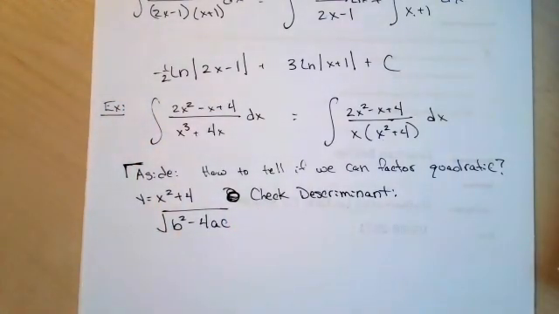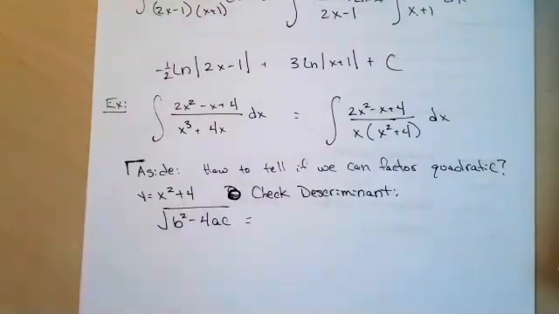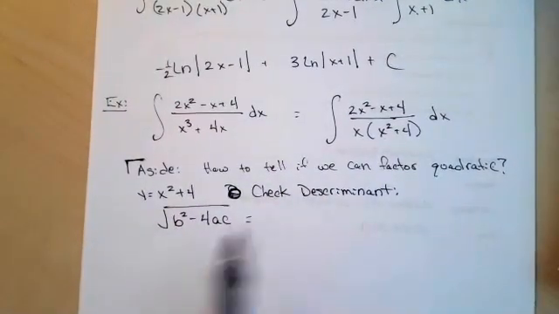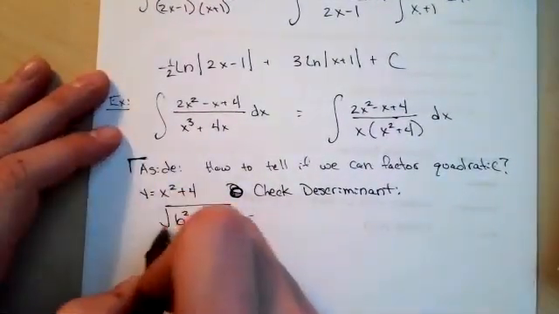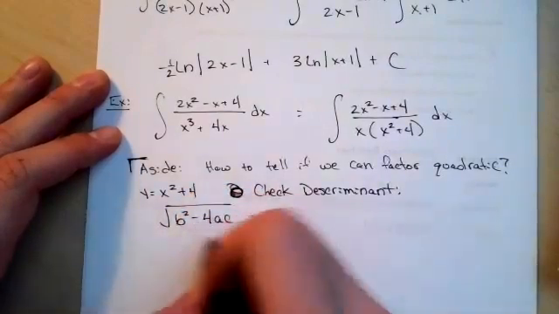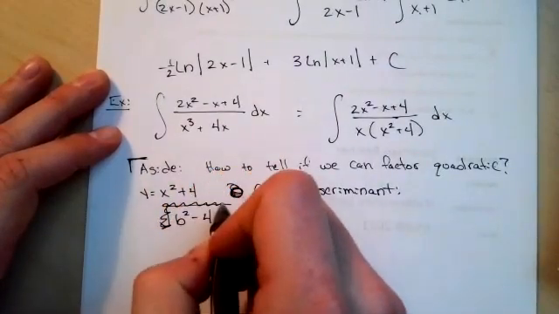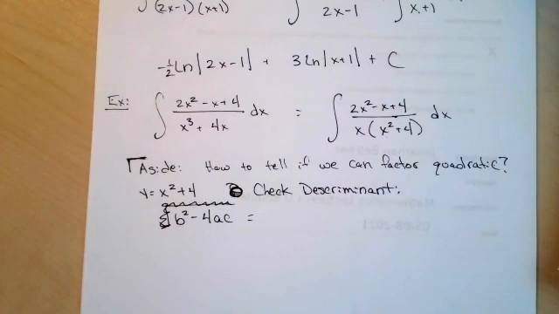So hopefully everyone remembers the quadratic formula, right? And our square root of b squared minus 4ac is our discriminant. Actually, we don't even need this square root. We're really just checking b squared minus 4ac. If it's negative, it's irreducible.